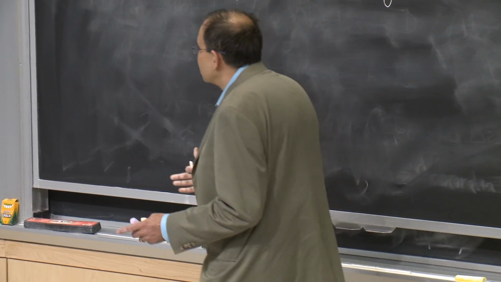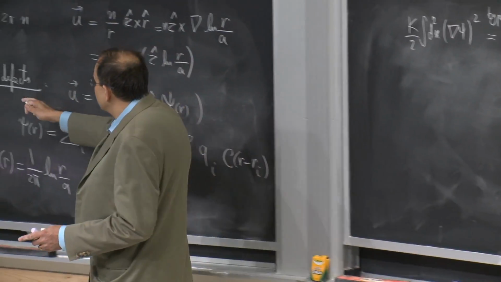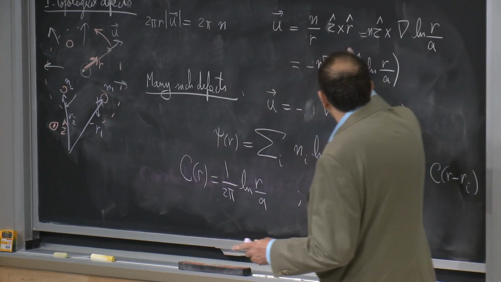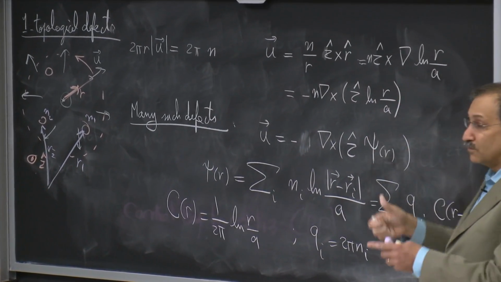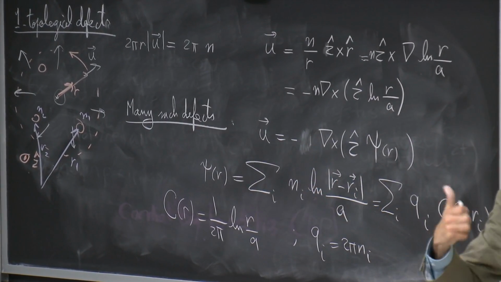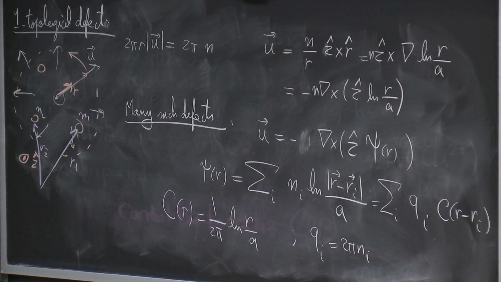So for a single one, I will have a large electric field that would go as 1 over r, and we saw that integrating that will give me the log. So that was not particularly nice.